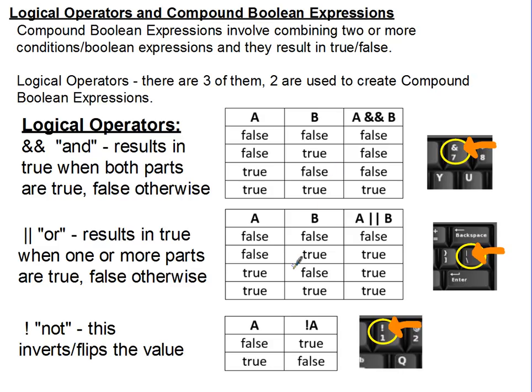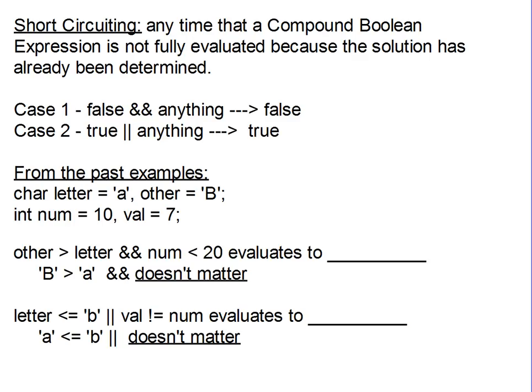In the same kind of way, when looking at my OR, if A is true, it doesn't matter if B is true or false, because the answer is going to be true. And realizing immediately that false and anything, or true or anything, determines the result.